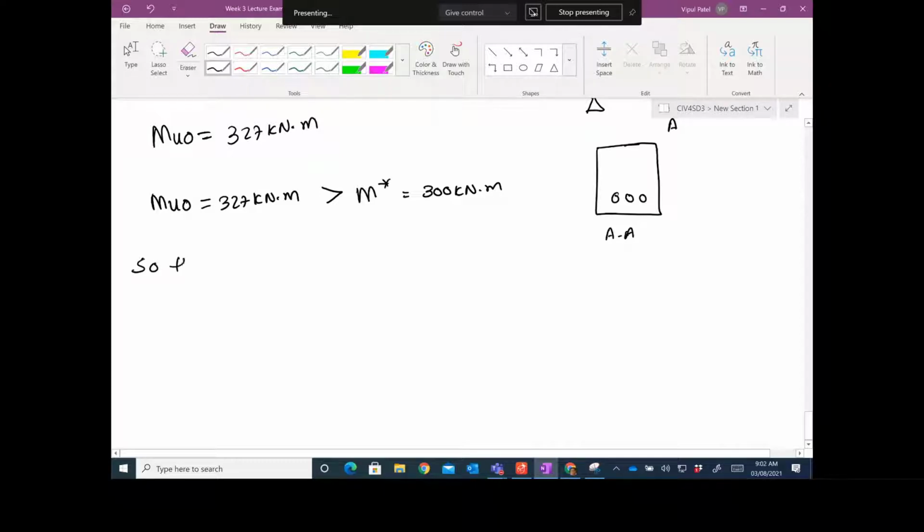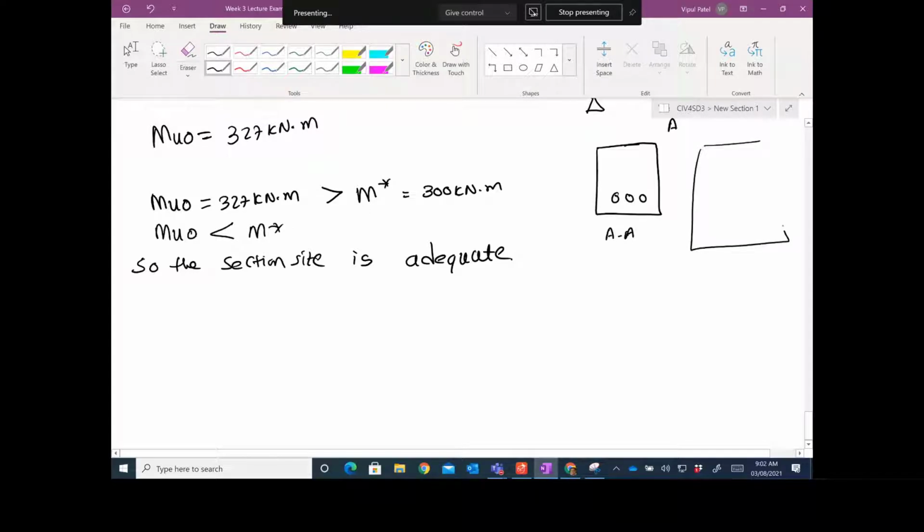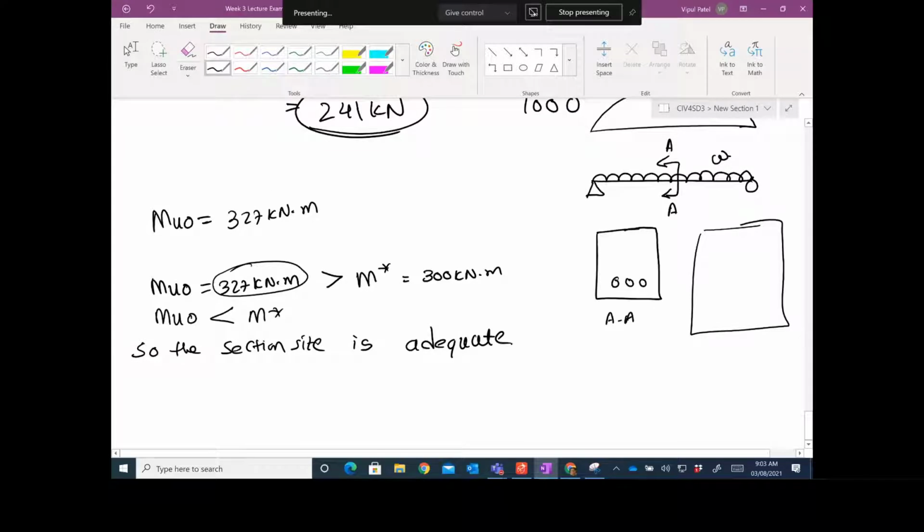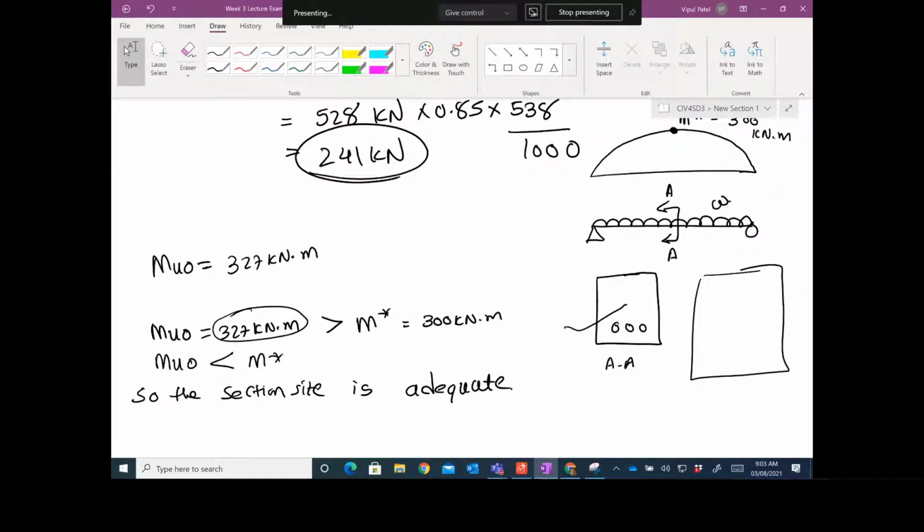So the section size is adequate. If you have MUO less than M star, then you need to increase your cross section size to increase the capacity. For safety reasons, the capacity of your cross section should be more than your design bending moment, therefore it is safe.